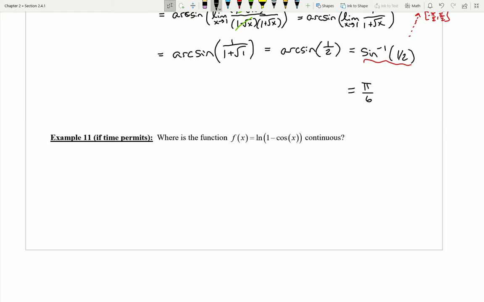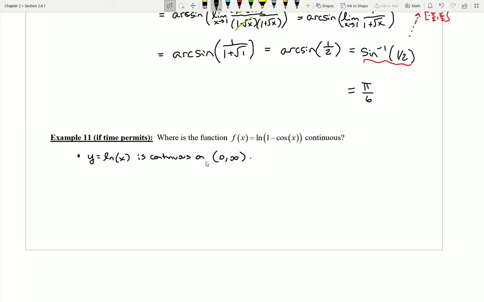We can start by taking a look at each individual piece that we have here. We notice that y equals the natural log of x, a natural log function, is continuous on the interval from 0 to infinity, not including 0.